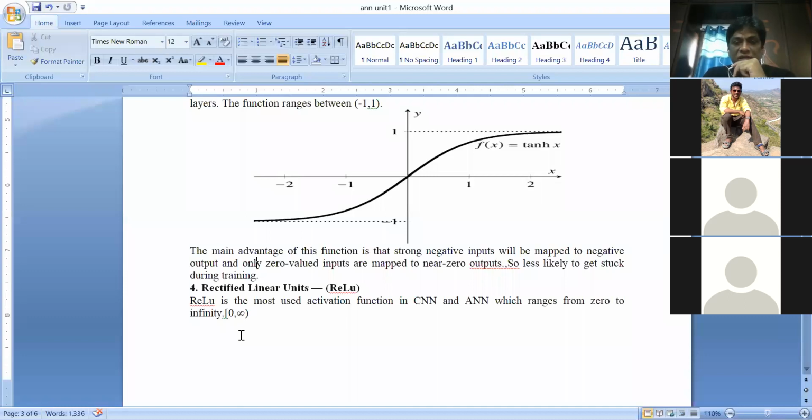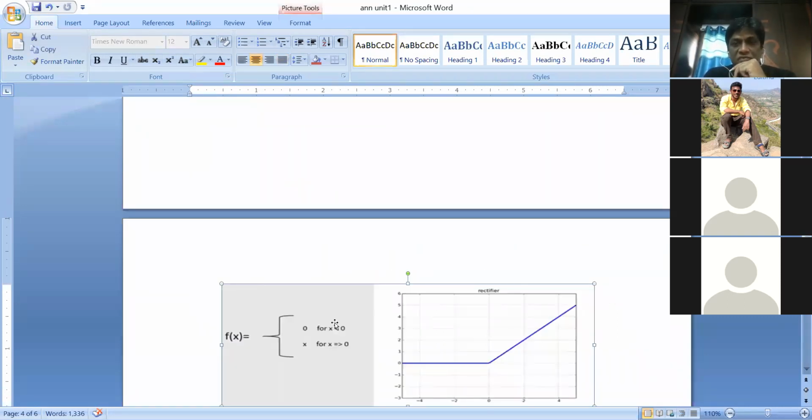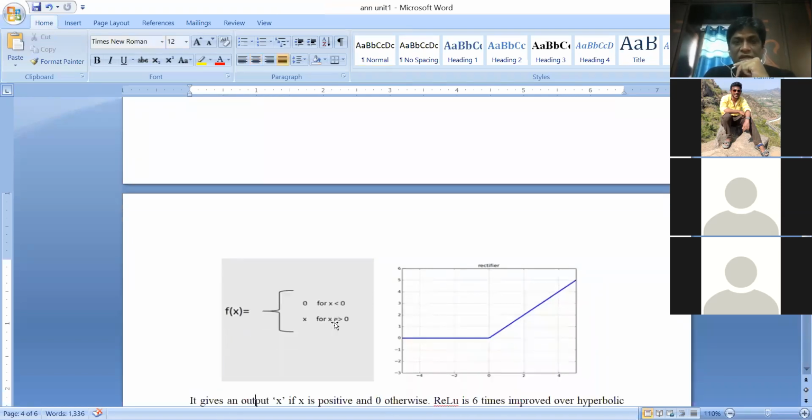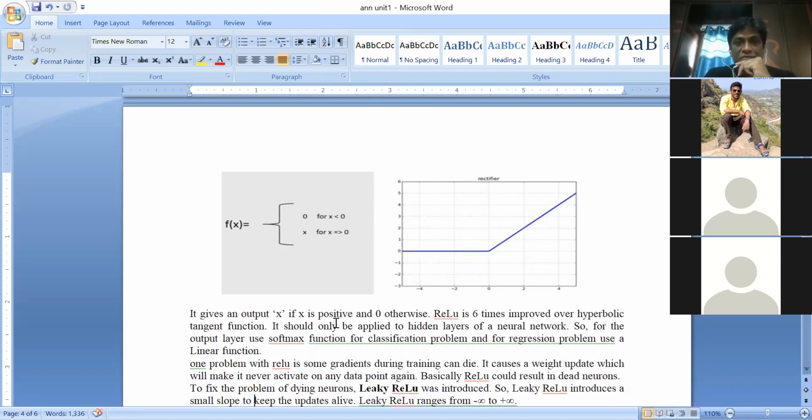Tanh function increases the range from -1 to 1. And now this ranges from 0 to infinity. So you need to understand that the activation functions are in the order of increasing the range of values produced.